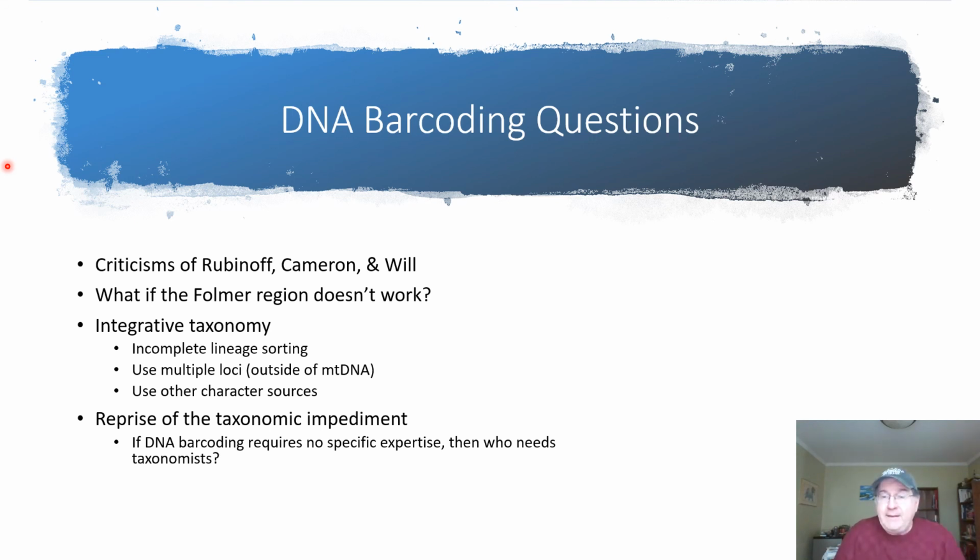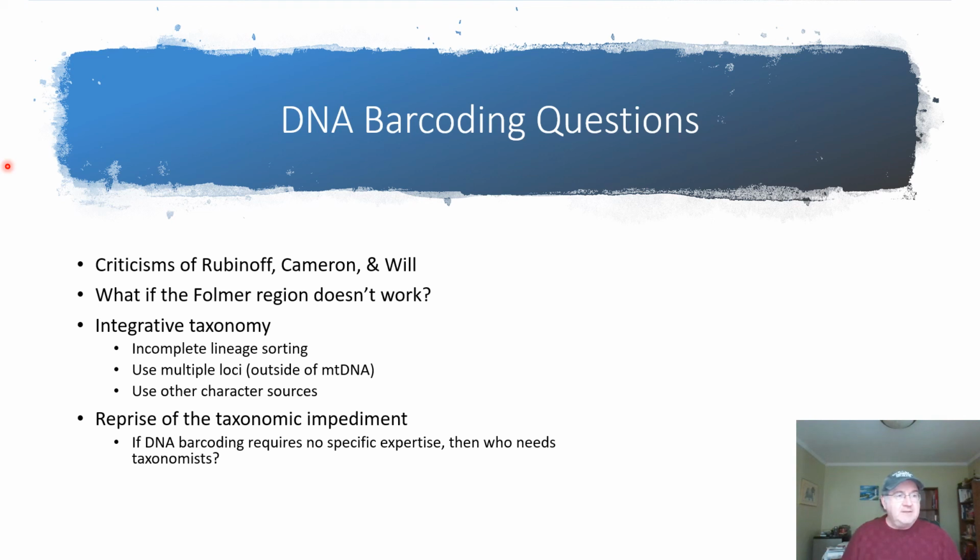And ultimately, I think it also leads to a reprise of the whole taxonomic impediment problem. In order to identify them, you need authoritatively identified specimens that are sequenced. Who does that? The taxonomist does it. If there aren't taxonomists, who does that? And further, if it takes no particular taxonomic expertise in a taxon to get a DNA barcode sequence, and frankly it doesn't, then why do we need taxonomists?